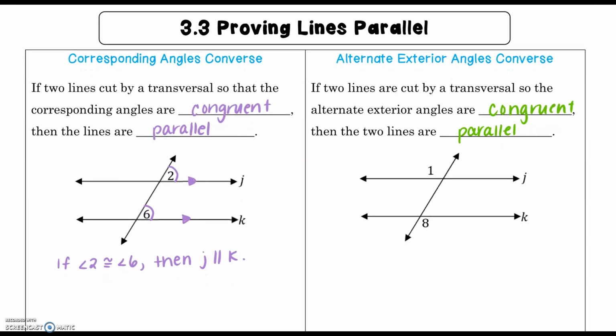So if angle 1 is congruent to angle 8, if our alternate exterior angles are congruent, then J is parallel to K. So if our alternate exterior angles are congruent, we know that line J is parallel to line K.